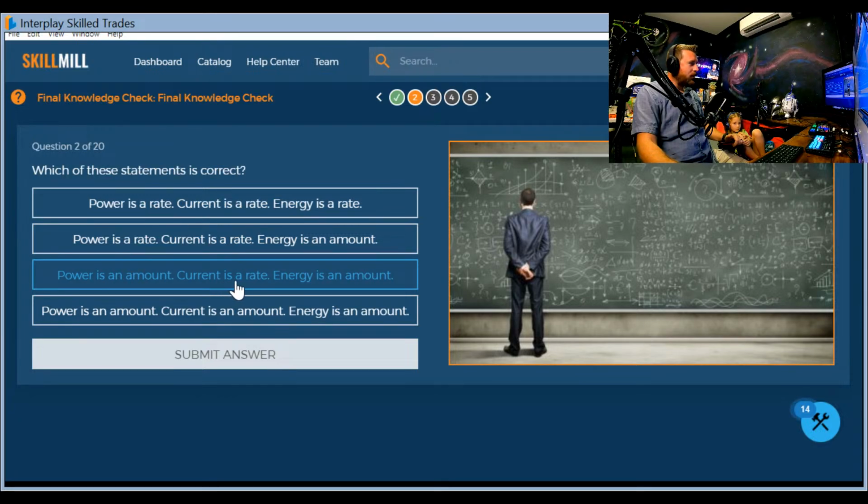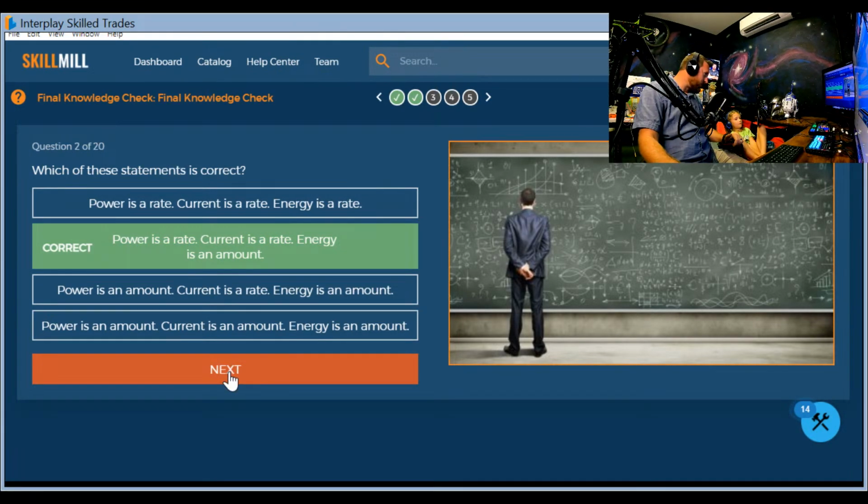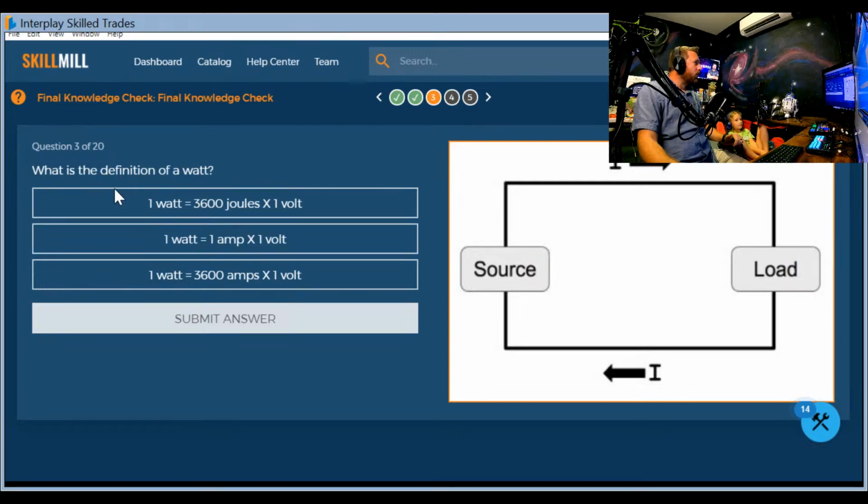Power is an amount, current is a rate, energy is an amount. I already know the answer. What is the definition of a watt? Which one is it, Maddie? The one with the W. They all have W's.